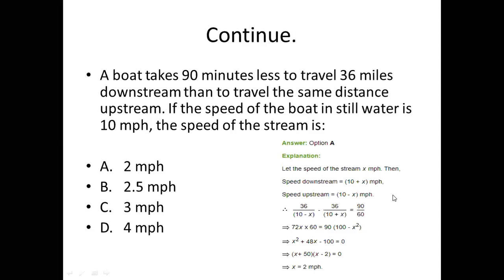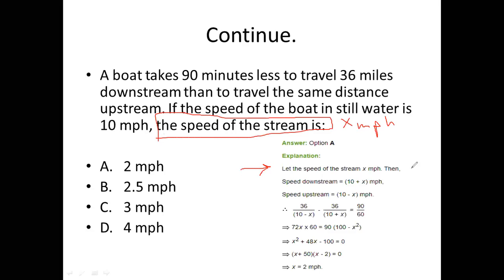Okay, so here is the solution. Please take the screenshot. Let the speed of the stream that we need to find be x miles per hour, mph.